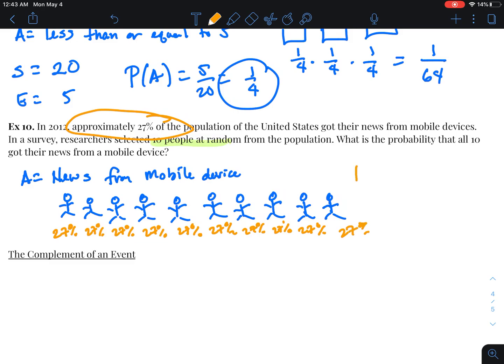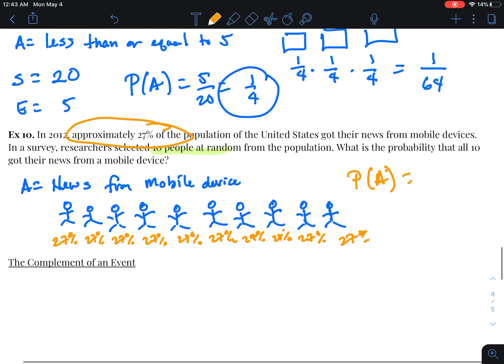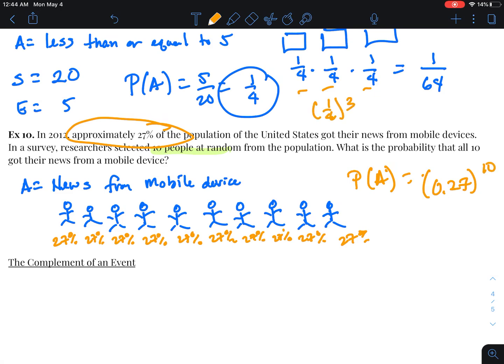So how do we figure out this probability? See how we have the 1/4 times 1/4? So that's 0.27 to the 10th power. Same as up here, that's just 1/4 to the 3rd power. Down there, 0.27 to the 10th power is going to give us 0.013, so about a 1% chance that all 10 of them got their news from a mobile device.